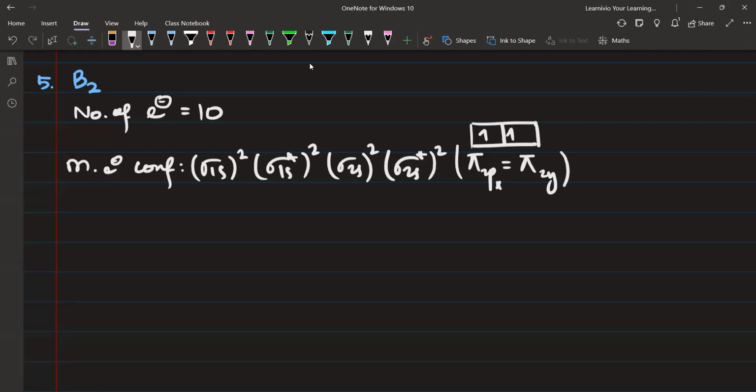This is bonding, anti-bonding, bonding, anti-bonding, and both of these are bonding molecular orbitals. Number of bonding electrons will be 2, 2, and 2, which is 6. Number of anti-bonding electrons is 2, 2, which is 4. That means bond order is equal to 6 minus 4, 2, 2 by 2 is equal to 1. The important point to note down is this.